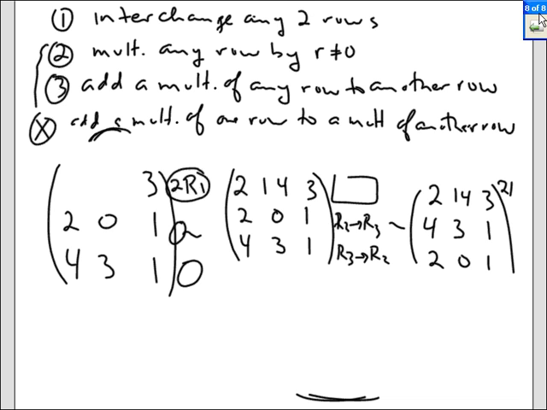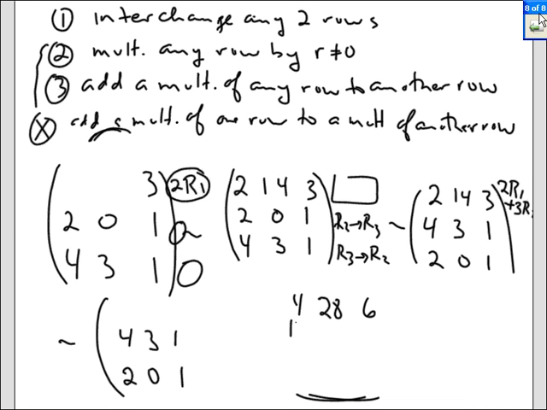I'm going to double row 1, and I'm going to add on 3 times row 2. I'm going to put the result down here. So row 3 is not being changed, and row 2 is not being changed. But row 1 is being changed. I am taking 2 times row 1, which is 4, 28, 6.